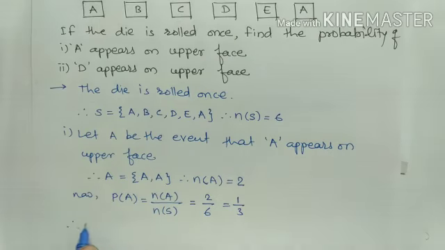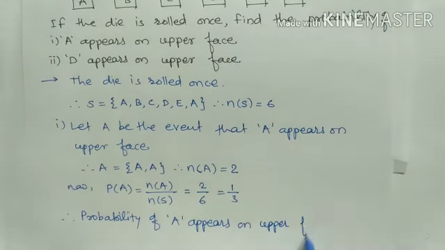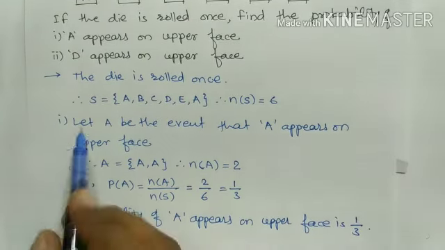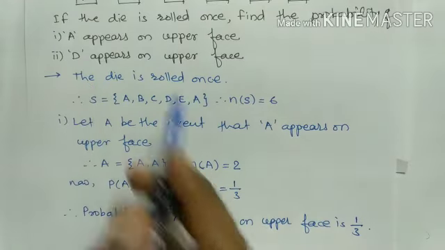Therefore the probability of A appears on upper face is 1 by 3. Now the second event is given, that D appears on upper face.